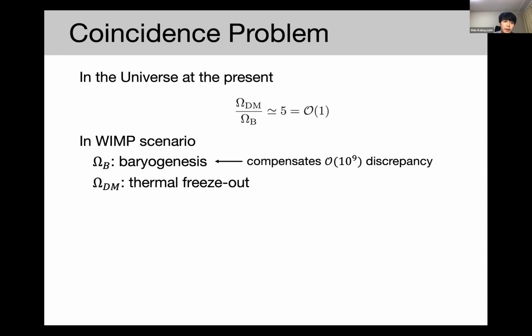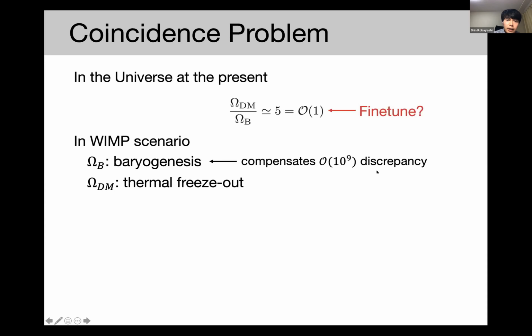On the other hand, the dark matter abundance is produced from the thermal freeze out of the symmetric dark matter and anti-dark matter in the WIMP scenario. So the coincidence is kind of the result of some kind of fine-tuning in the WIMP scenario.